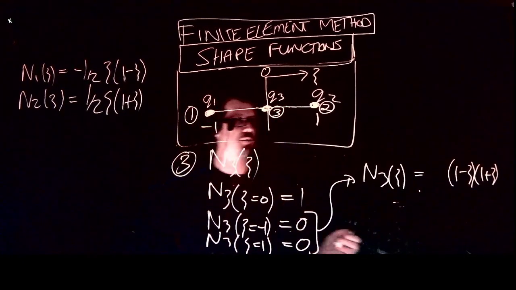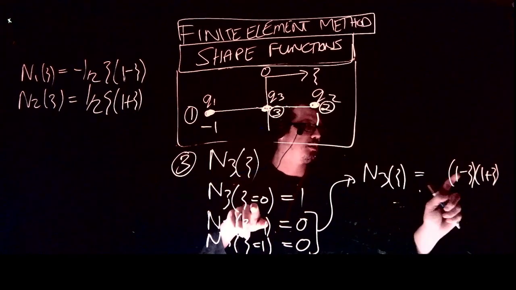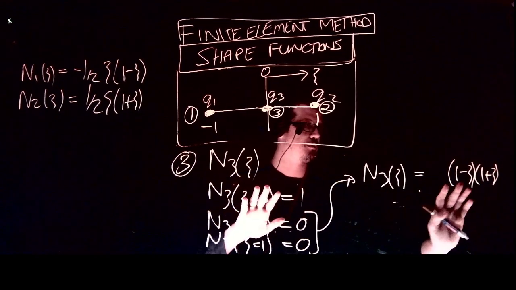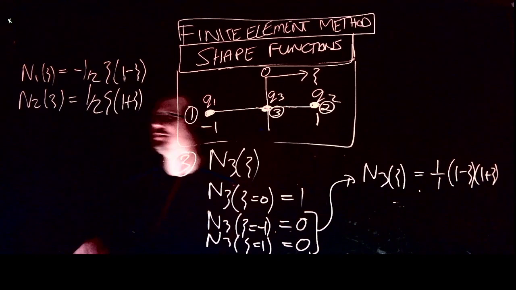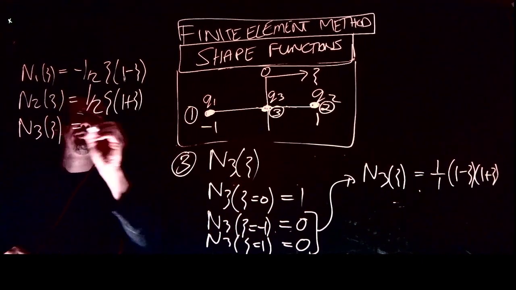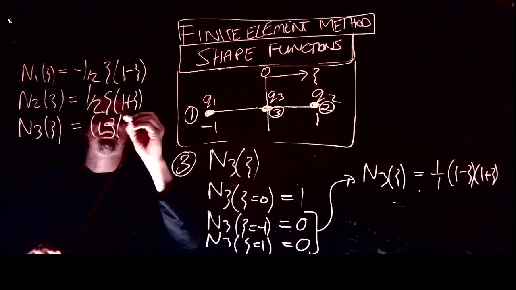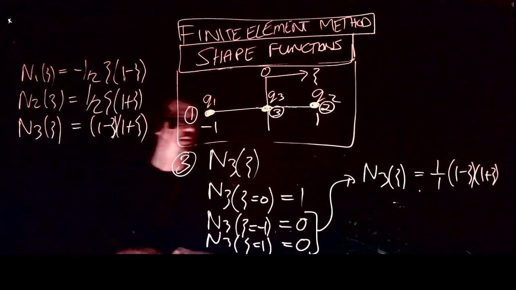Now I just need to check if I plug in psi equals 0, what happens? This becomes a 1, this becomes a 1. Done. So I can just say 1 divided by 1. So N3 is (1 minus psi)(1 plus psi). There's my shape function that I've got.